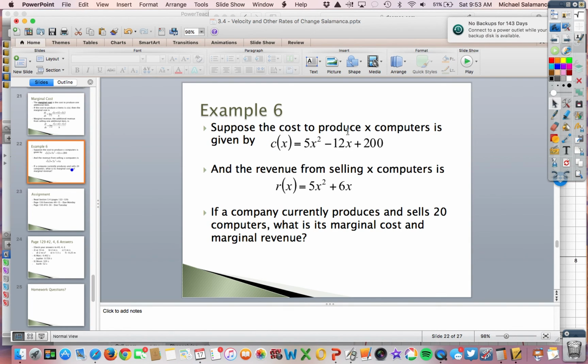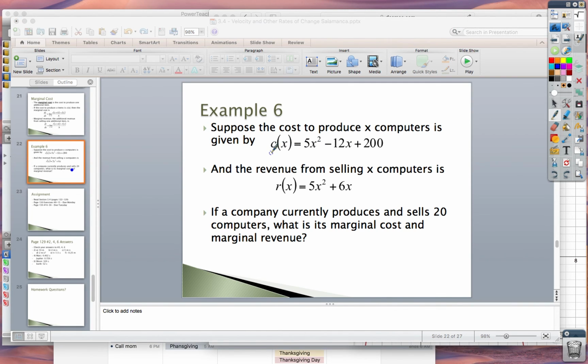It says, suppose the cost to produce X computers is given by C of X equals 5x squared minus 12x plus 200. The revenue from selling these computers is R of X equals 5x squared plus 6x. If a company produces and sells 20 computers, what is its marginal cost and its marginal revenue?